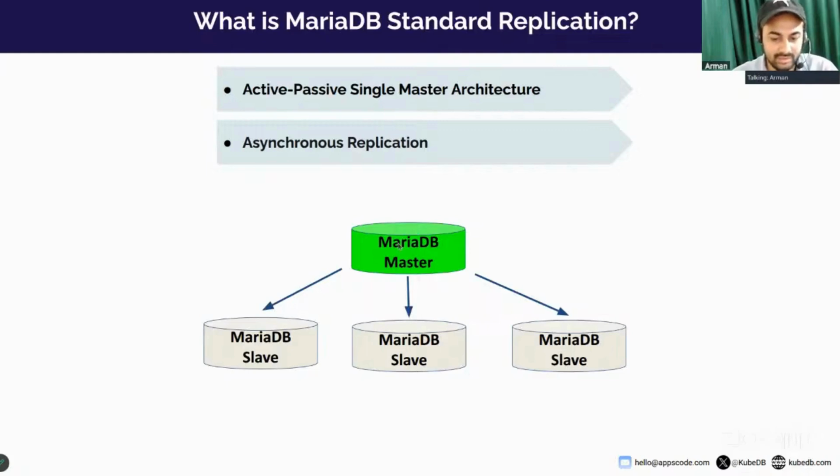Those replicas handle read operations, which helps distribute the load and improve performance. MariaDB standard replication is perfect for scenarios where you need redundancy and want to offload read-heavy workloads. The main reason behind using MaxScale in this MariaDB standard replication is that MariaDB standard replication doesn't have any built-in automatic failover support. That's why the automatic failover is maintained by the MaxScale proxy server.